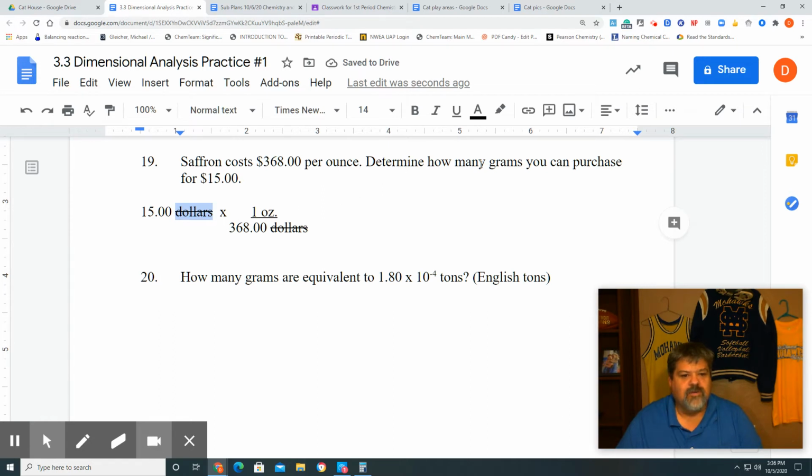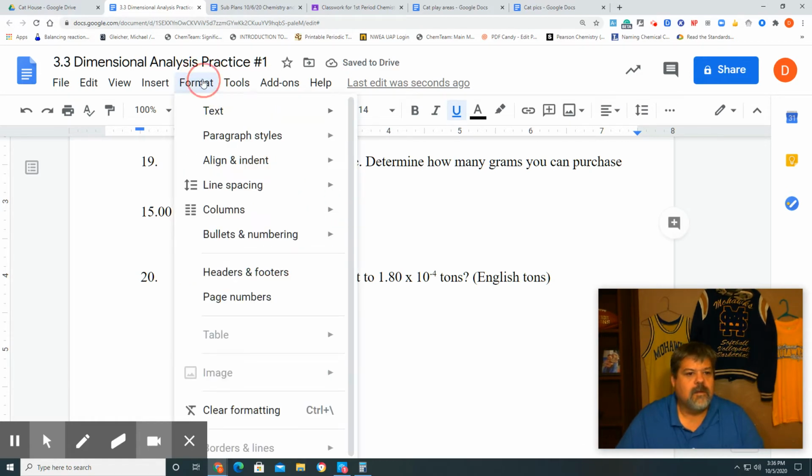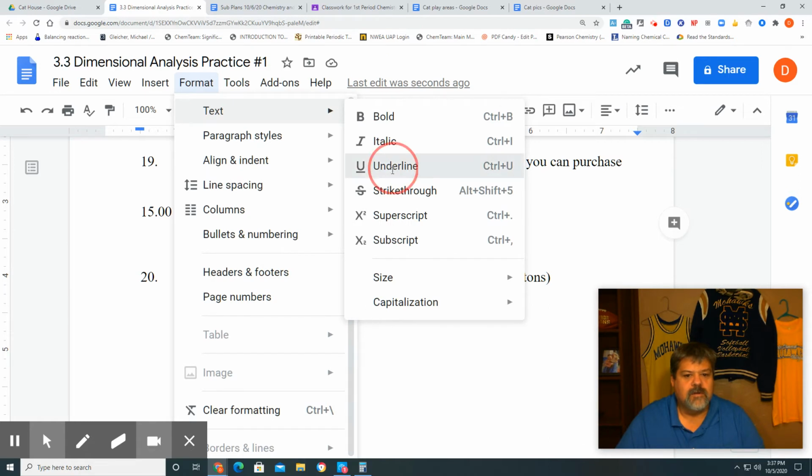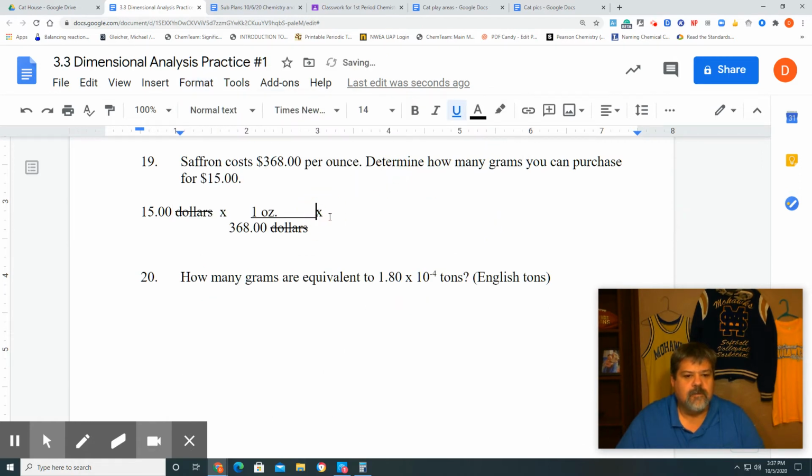So it says how many grams. Well, so now I have to convert it from ounces to grams, and we're going to get rid of the underline. And we're going to do the same thing with the line. So I have ounces on top.